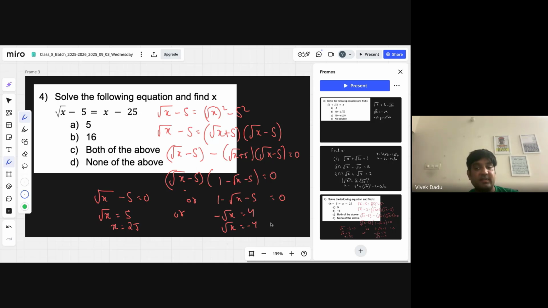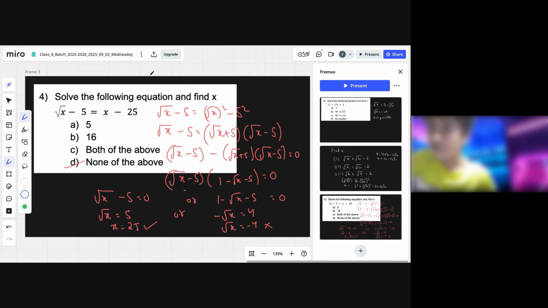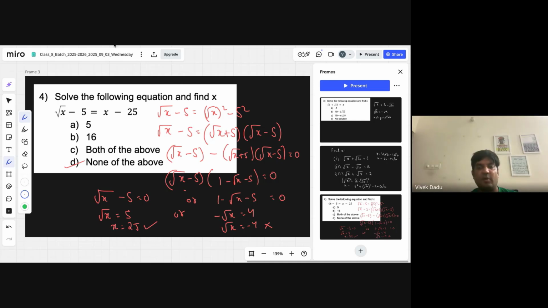Now this is not x equal to 16. This is wrong. Why? Because as soon as this thing becomes negative, this is no solution. So the only solution is x equal to 25. Answer should be D. Sir, it's showing wrong answer. Yeah, I realize that it's showing A, or something is mistyped there. Sir, but when you try with A, you're actually getting it.